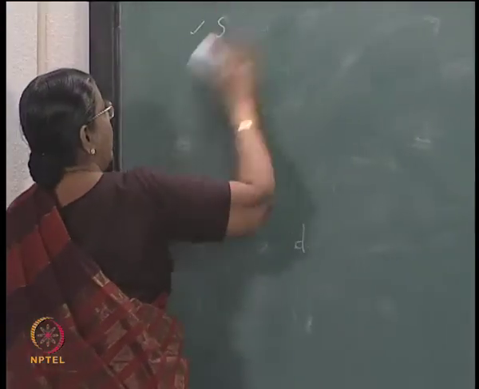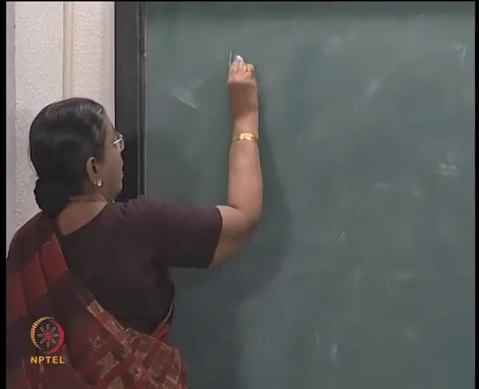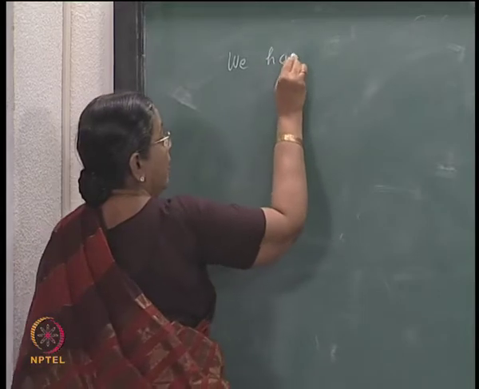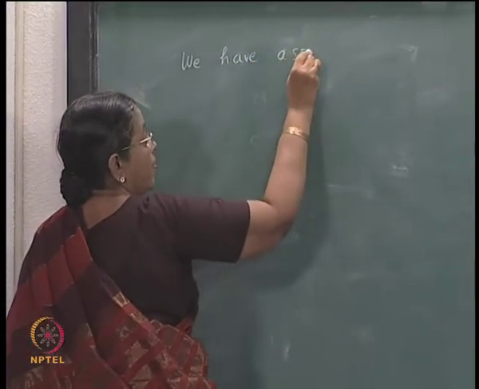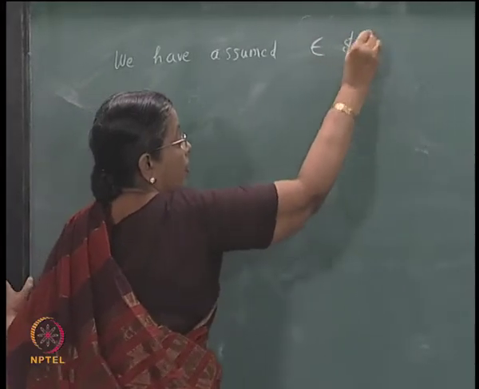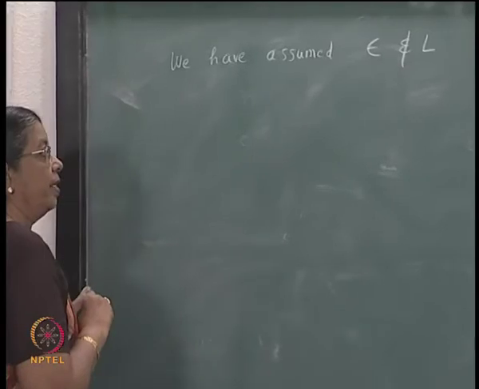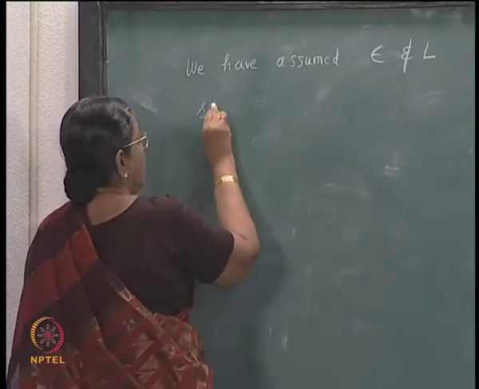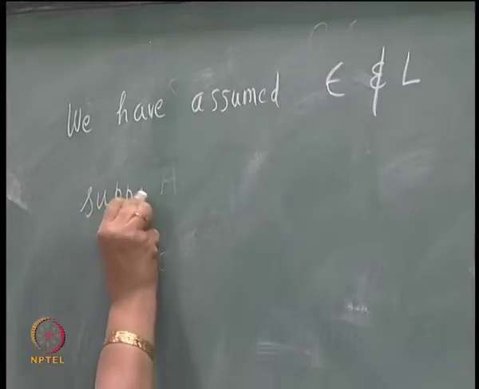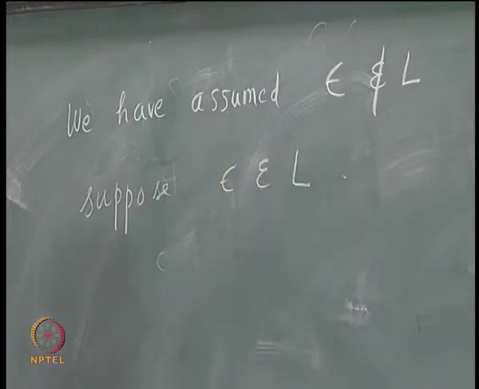So, we have assumed epsilon does not belong to L, the language with which we started. Suppose epsilon belongs to L, then how do we go about it?